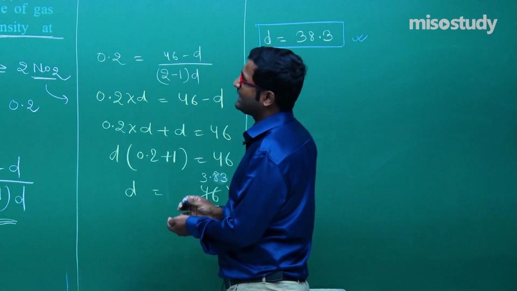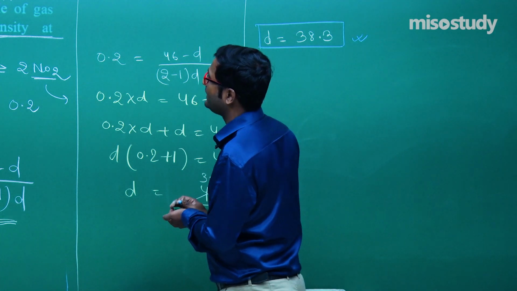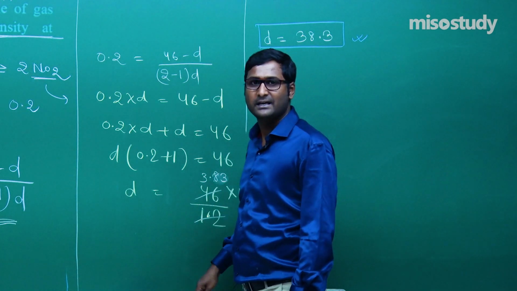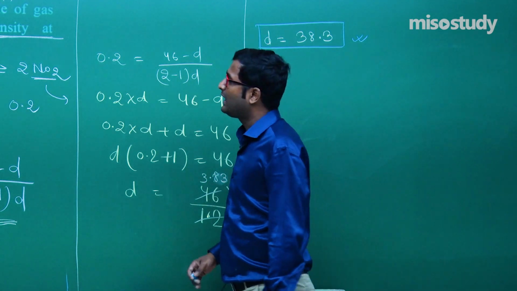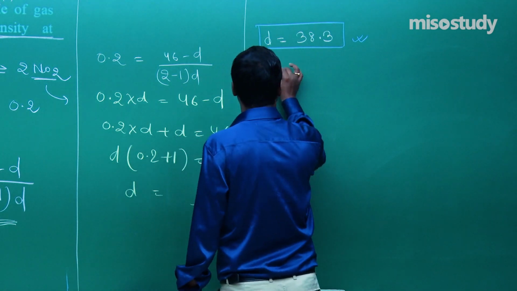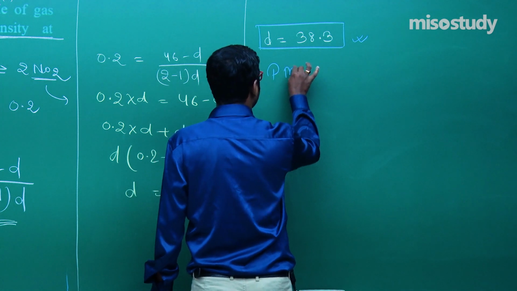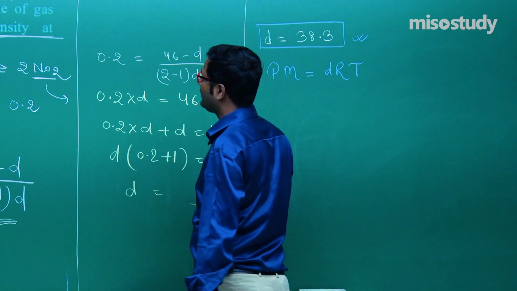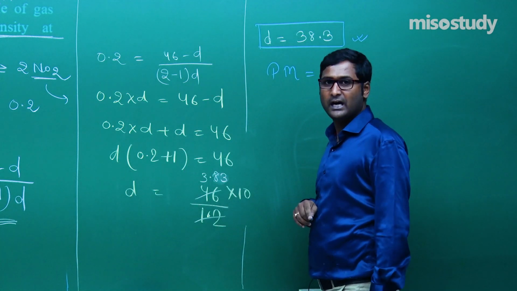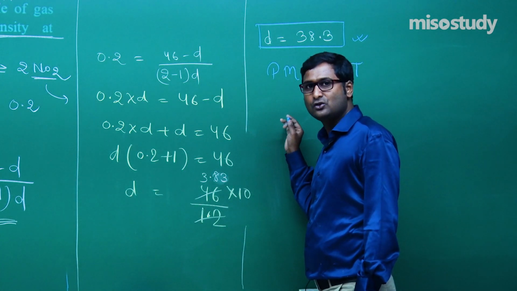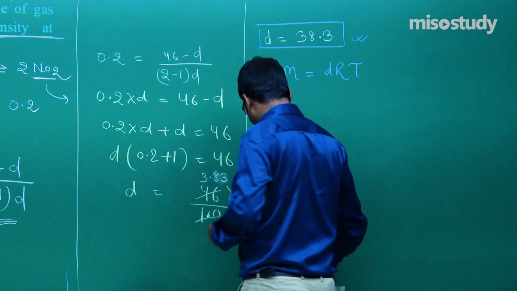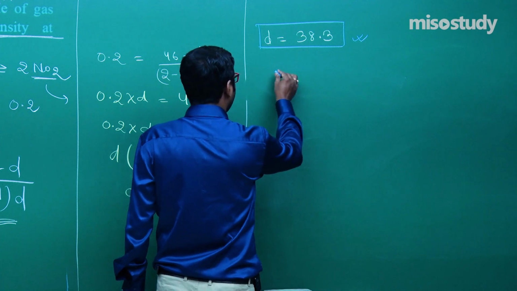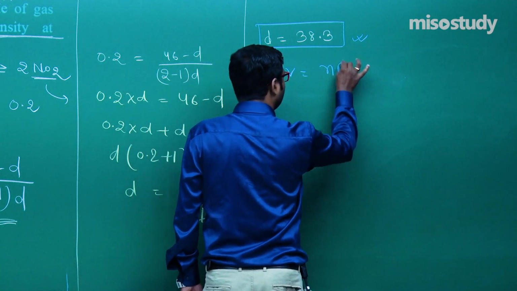Now, the mixture has a density at equilibrium. I think now you don't have any problem in this case. As we know, PM is equal to dRT. Do you remember? Remember this, or do I need to derive this expression? As we know, PV is equal to nRT.